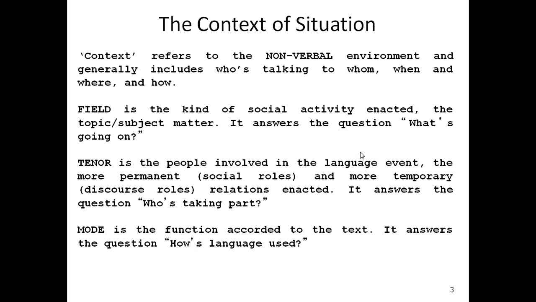Last time I told you that field is what's going on, the topic, the subject matter, including participants, processes, and circumstances, whereas tenor has more to do with interpersonal aspects of language, so the relations enacted among participants. So if you want to probe the notion of tenor, you have to ask yourself who's taking part in the particular language event that you want to analyze.